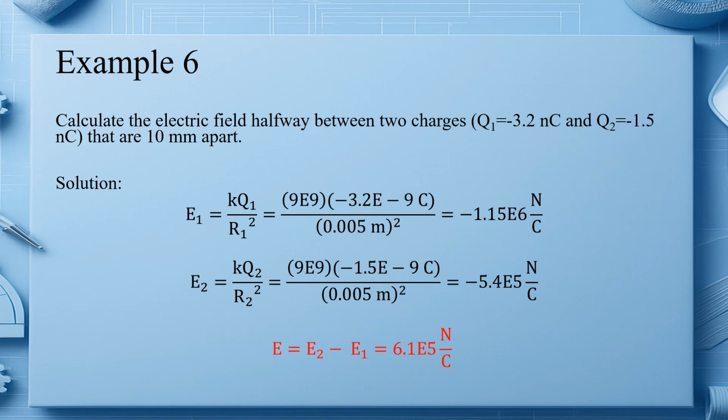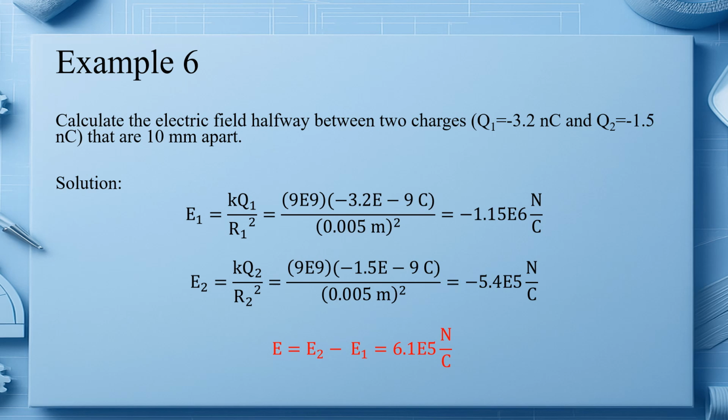Okay, so we have here 9 times 10 raised to 9 times negative 3.2 times 10 raised to negative 9 coulomb over 0.005 meters squared.